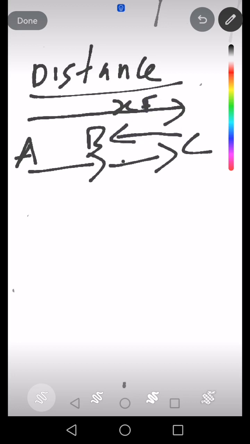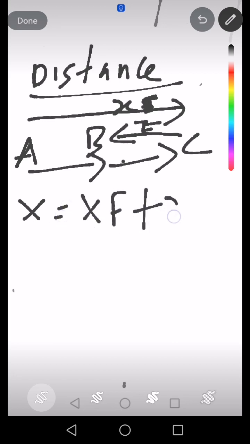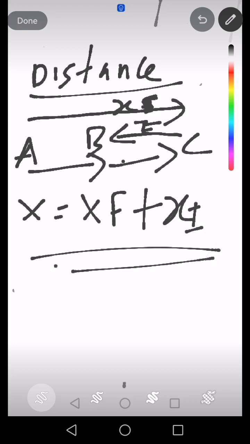He went back to B. So that is x initial, the distance at first, then the final is C to B. That is the distance he moves. If you want to calculate the distance, we just add x final plus x initial. That is what we do to calculate the distance.